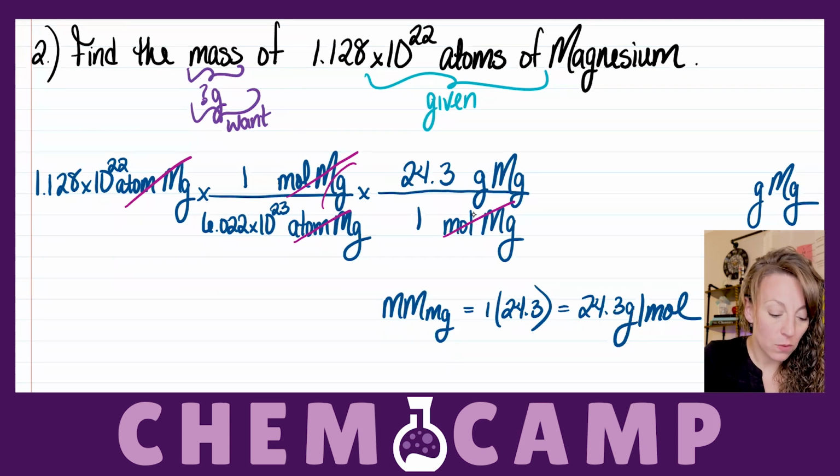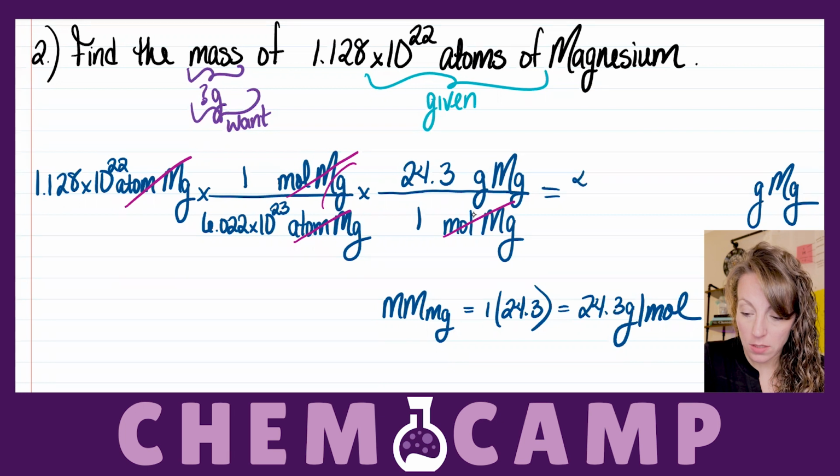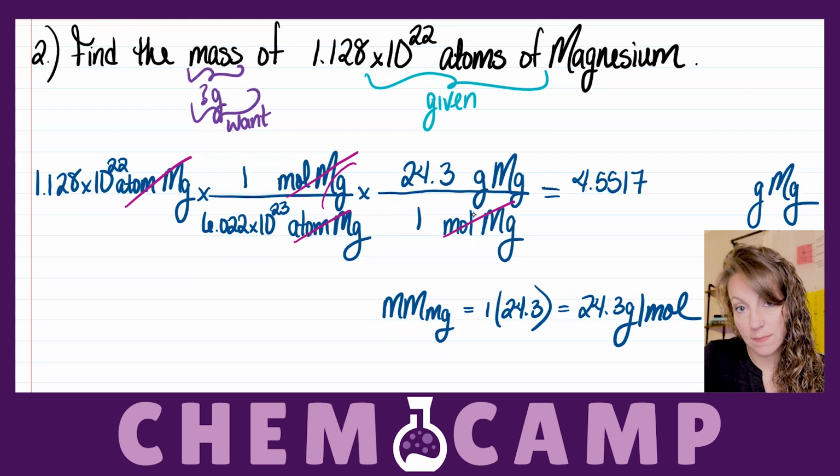So I'm going to take the 1.128 times 10 to the 22nd, multiply it by 24.3, and divide it by the 6.022 times 10 to the 23rd. This gives me an answer of 4.5517.